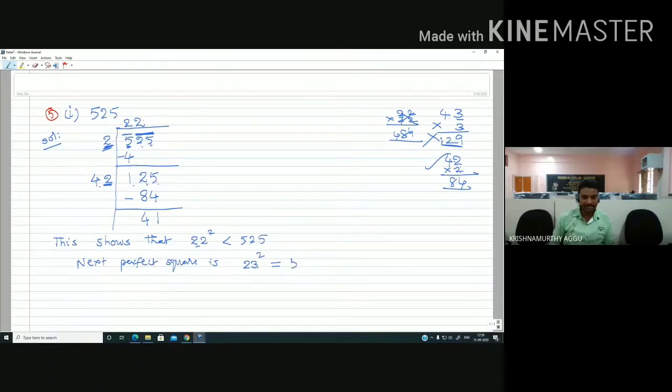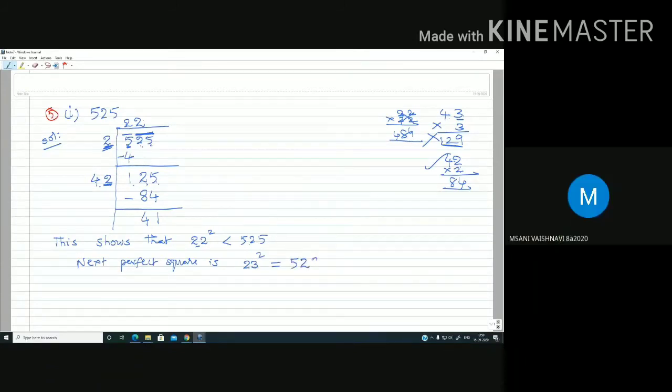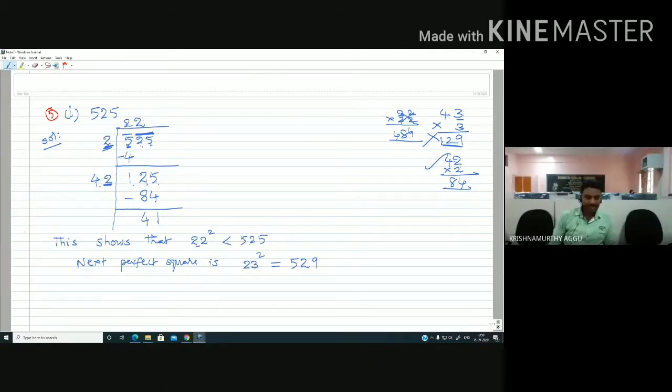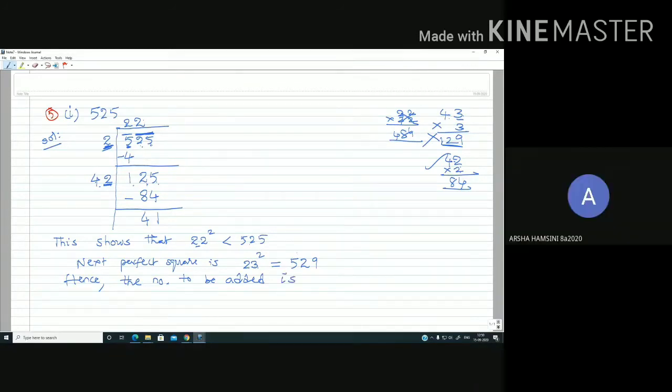What is the answer for 23 square? 529. Hence, the number to be added is, what is the number to be added? 529 minus 525 is equal to 4.